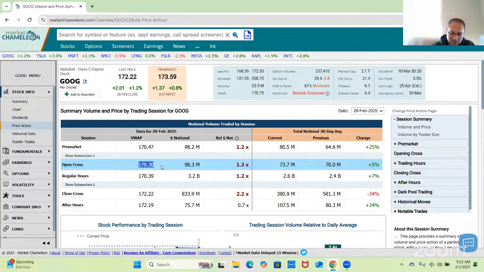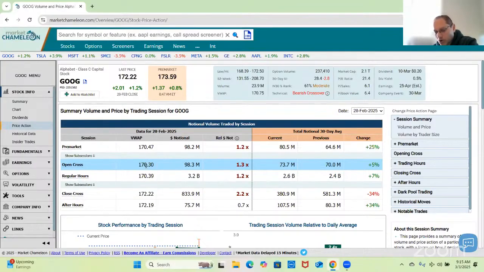So even if you have an order to buy, here's the opening price, 170.30. Even if you had an order to buy Google for $171 at the open, the specialist opens it up at 170.30, so you would get that price, 170.30, because you would have been on that print.